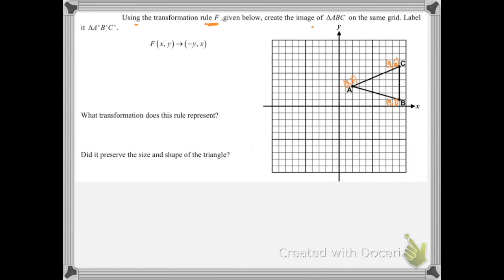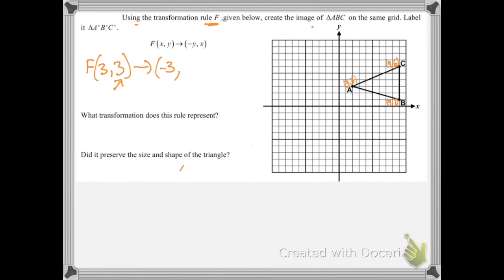So the rule says take F, take your point, 3 comma 3, and the output is going to be negative y, x. Well, in this case, y, this point here, is 3. So now it's going to be the x value, and it's going to be negative 3.